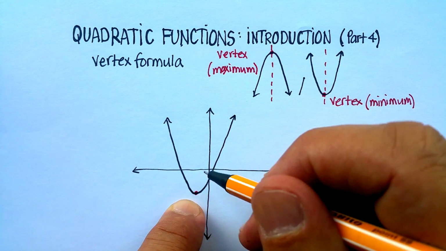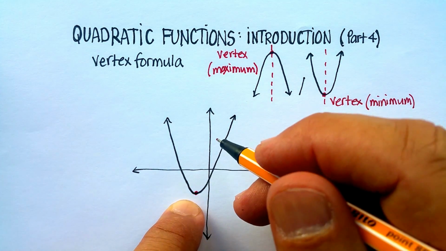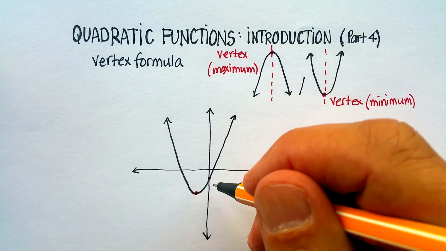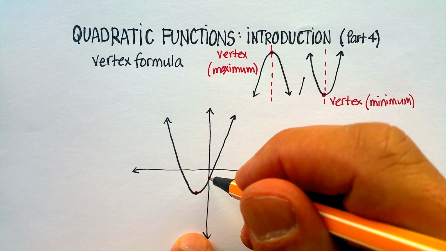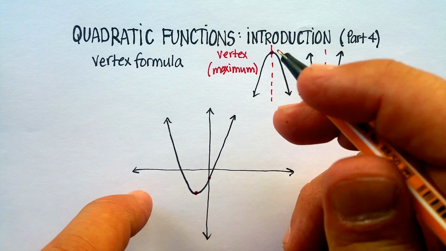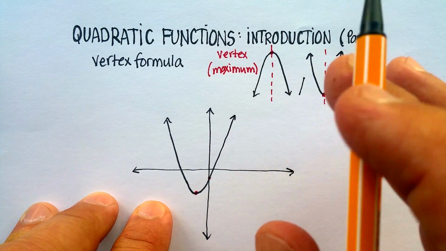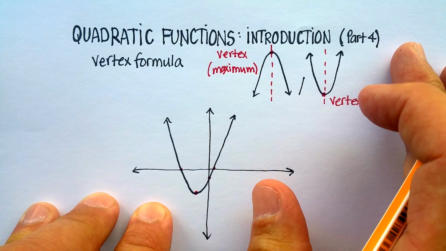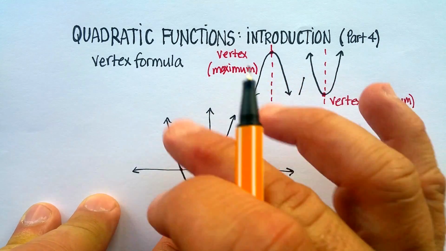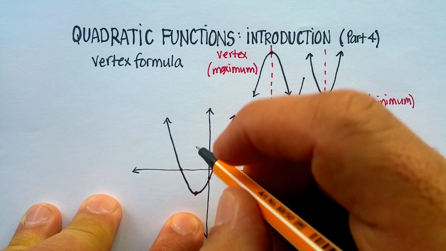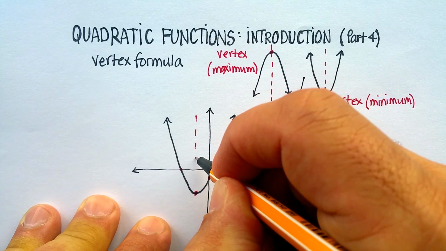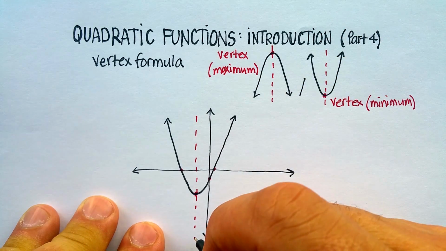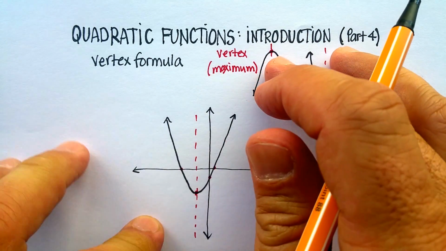It looks like a negative x and a negative y. It looks like the y-intercept is where x is 0 and y is equal to some number. We're also going to find out where the x-intercepts are, but that's for a later video. But we do know that the vertex itself and the axis of symmetry have some kind of a point associated with them. And that's what we're going to learn with the vertex formula.